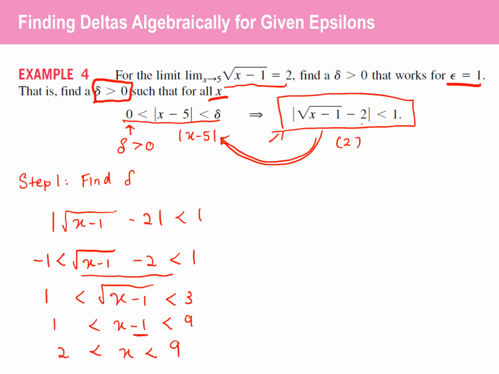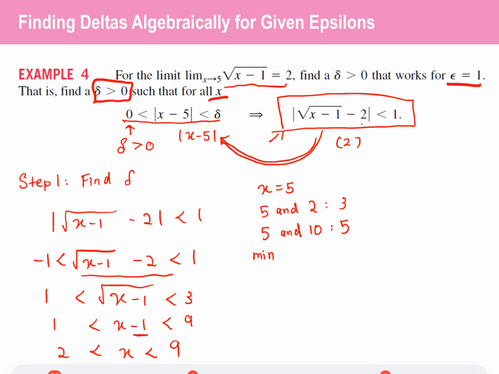In the lecture, I told you to choose the minimum. Our limit is centered at x equal to 5. The distance between 5 and 2 is 3, and the distance between 5 and 10 is 5. So we want to choose the minimum one.